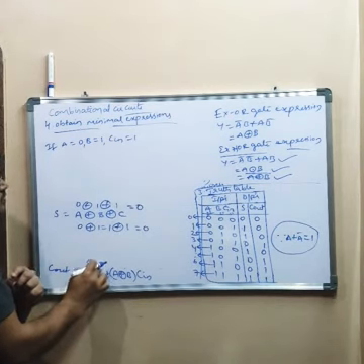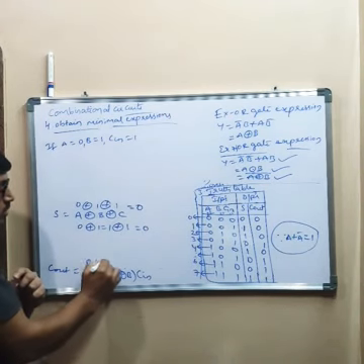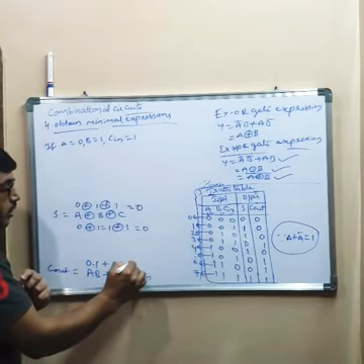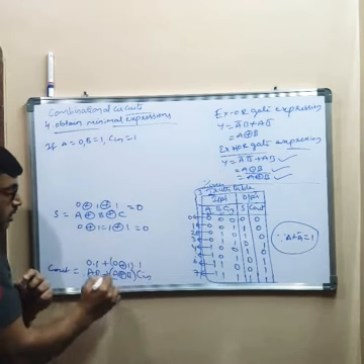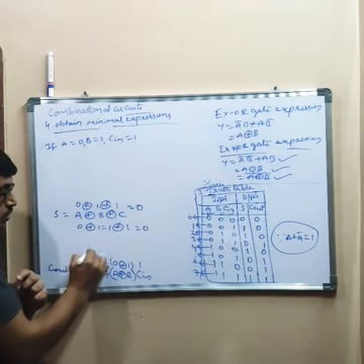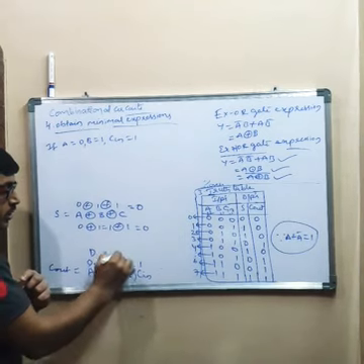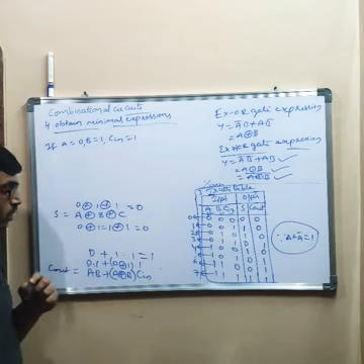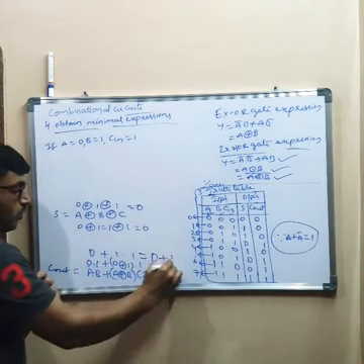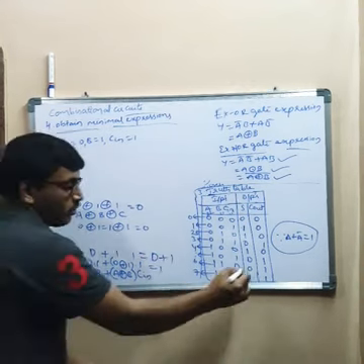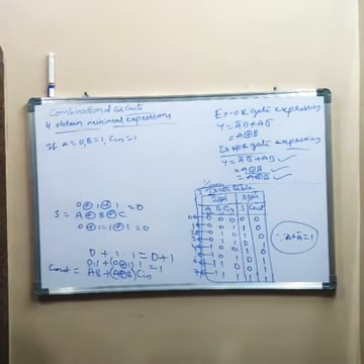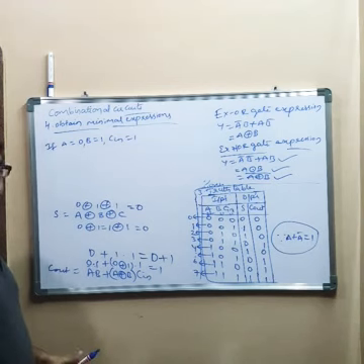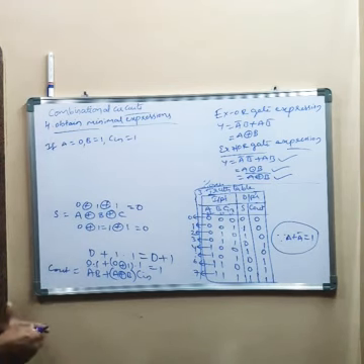A is 0, B is 1. 0 dot 1 is 0, plus 0 XOR 1 is 1, dot 1 is 1. 0 plus 1 is equal to 1. Carry, you got 1. This is the way to verify the given input variables in the output expressions.